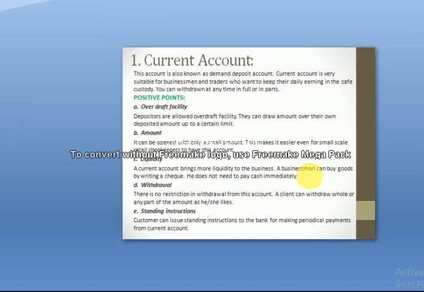As I discussed also, the overdraft facility is also available for the current account holder. The presence of a small interest, which is not called interest but service charges in case of a current account, on the account balance makes a current account all the more attractive for its user.